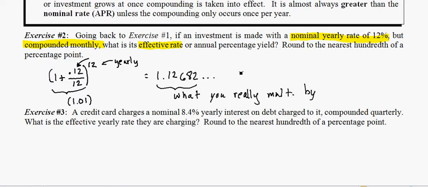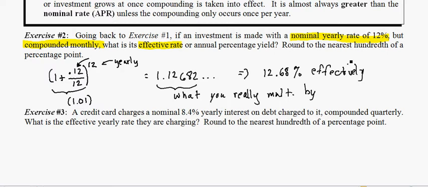And that means that our effective rate is 12.68%, because that's what we're effectively getting. If you wanted to know what you would multiply by at the end of the year, just one multiplication, you would multiply by 1.1268. Now, that's not what's actually happening.